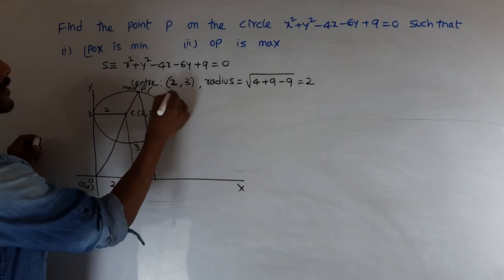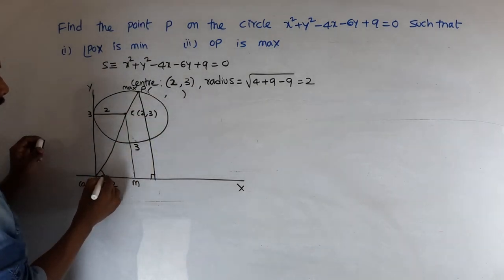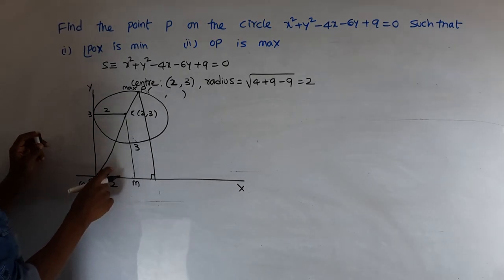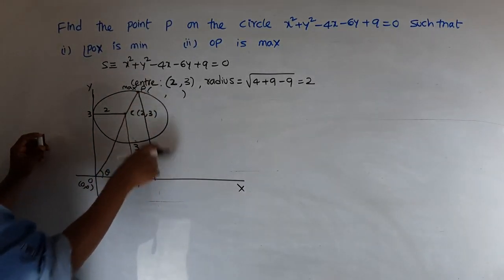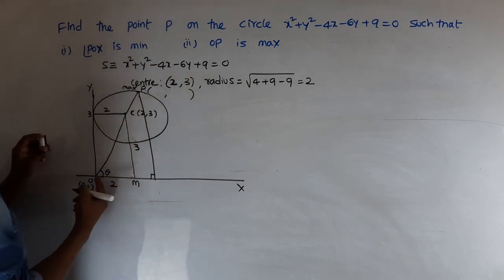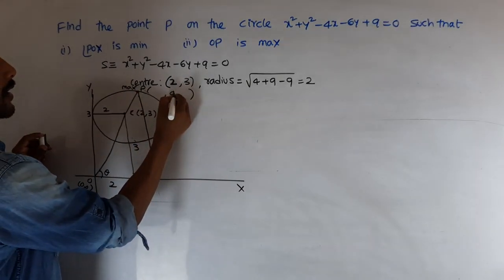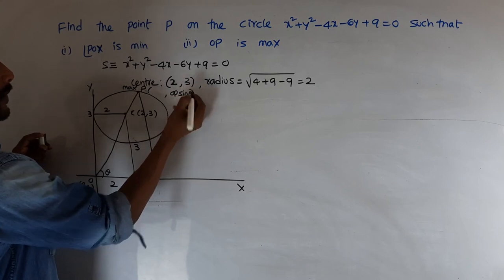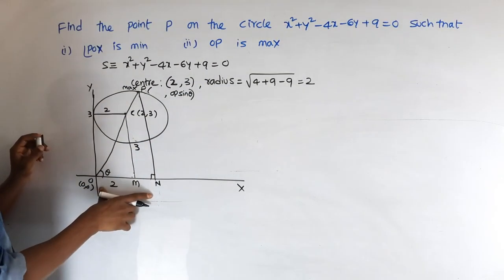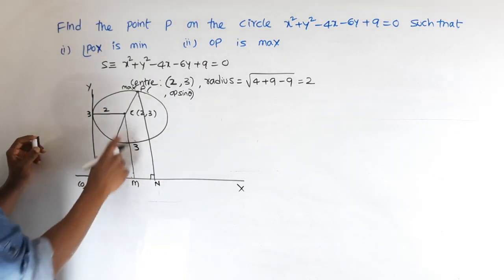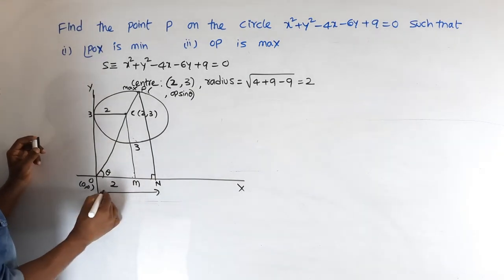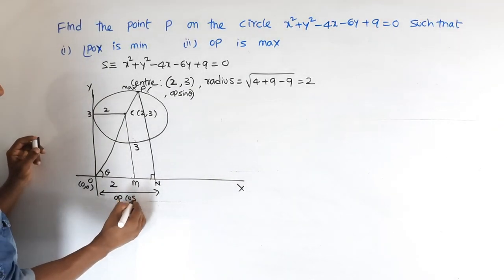Now for the coordinates of point P, let this angle be theta. It is a right angle triangle. Opposite to theta is sin theta, so the y coordinate is hypotenuse OP times sin theta. Now this length is N, so ON is adjacent to theta, so hypotenuse into cos theta, OP cos theta.